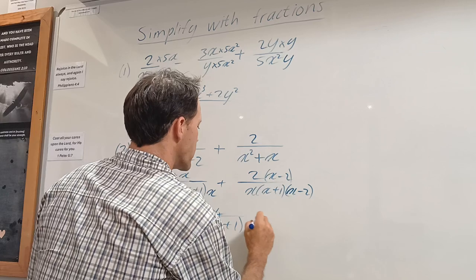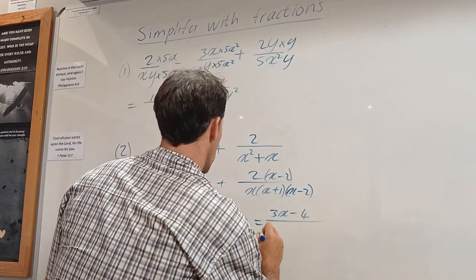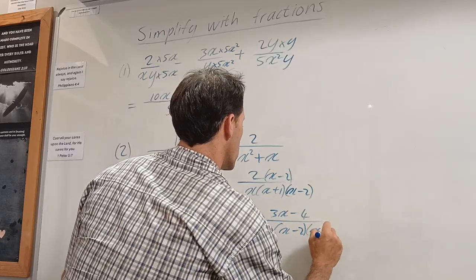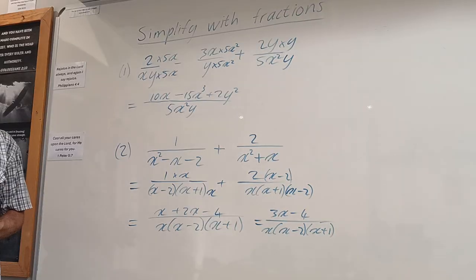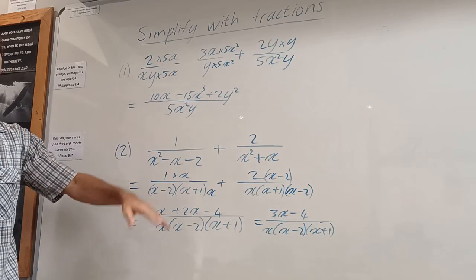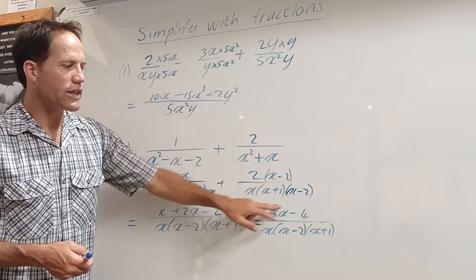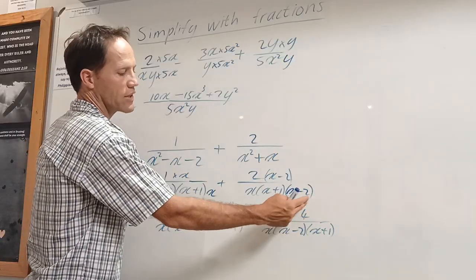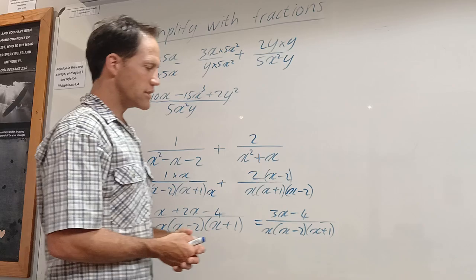So I'm just going to write it here: 3x minus 4 over x minus 2, x plus 1. And there's the answer. It's been simplified. And you leave it like that. You don't do anything after that. If here you could take out a common factor and find another x minus 2 or something, then you can cancel out. But here, there's nothing you can do after that, so that's the answer.